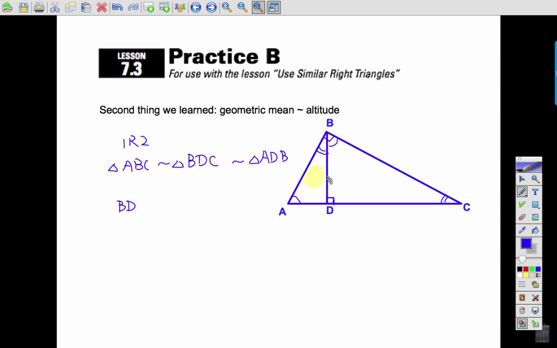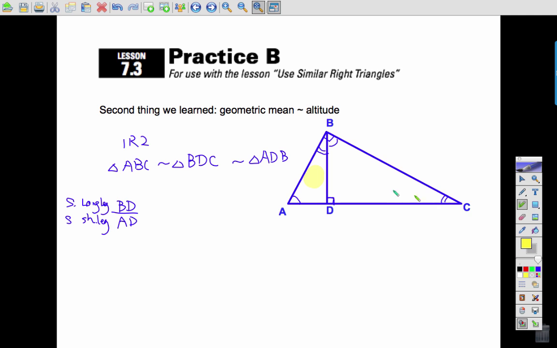If I set up a proportion BD over AD in the small triangle, BD is the long leg. AD is the short leg, right?